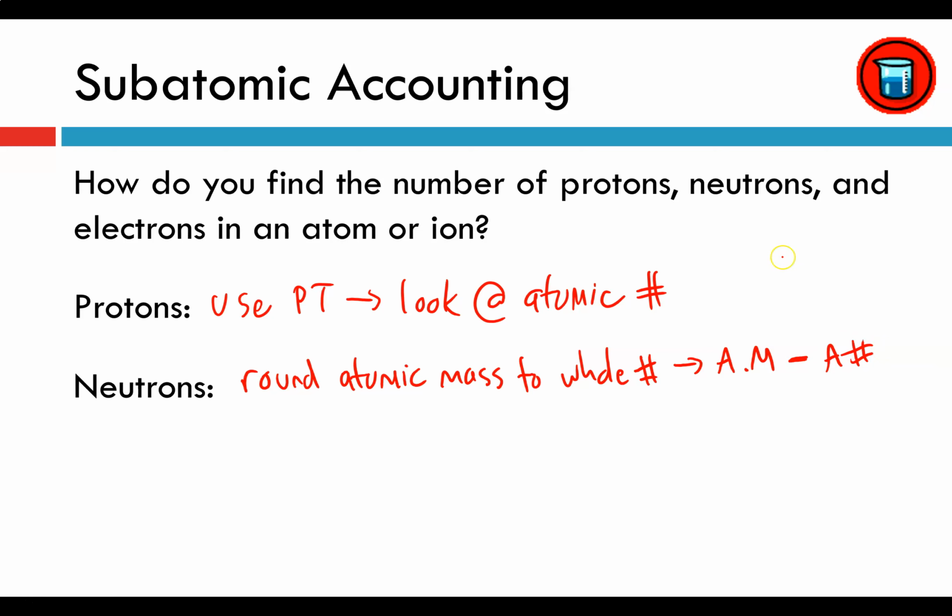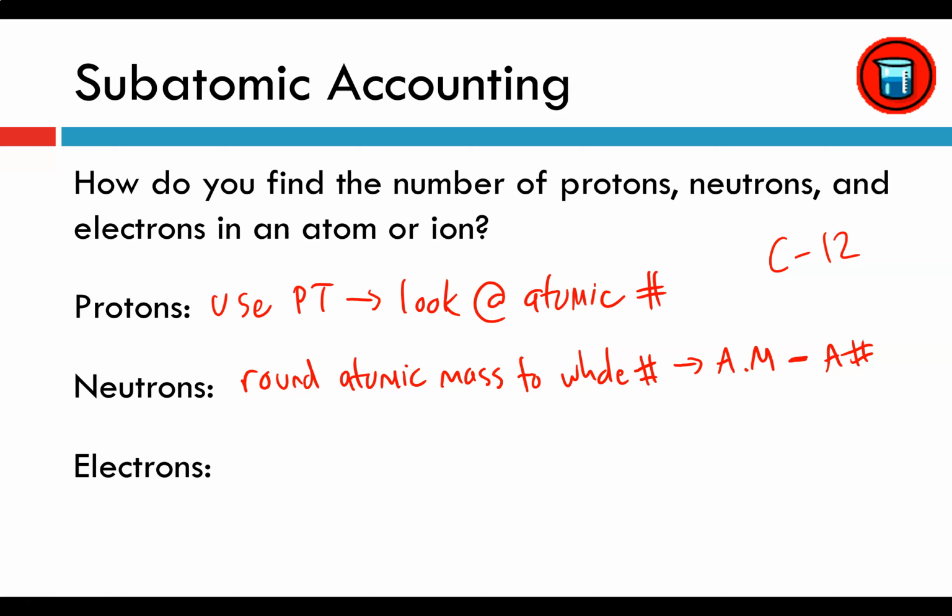For example, we talked about carbon 12. If I found carbon on the periodic table, it's element 6, so it has 6 protons in its nucleus. Some pretty high level math here. I can take my atomic mass, which is 12.011, round it down to 12. 12 minus 6 would give me 6 neutrons in the nucleus of that carbon atom.